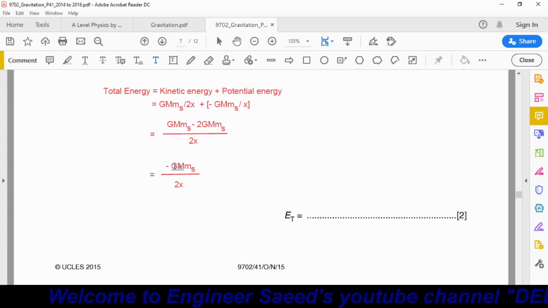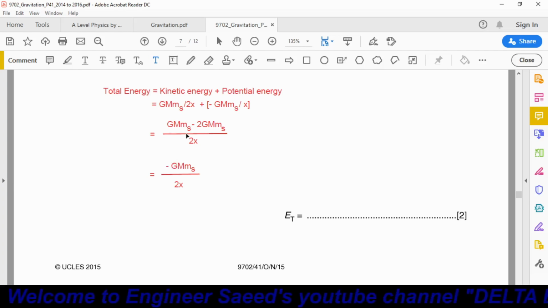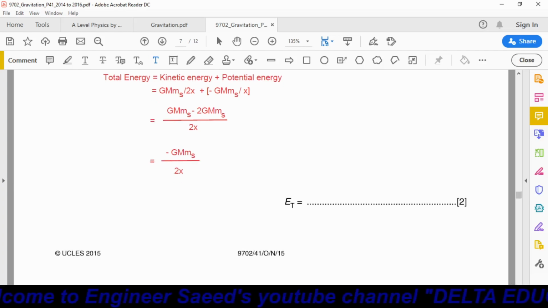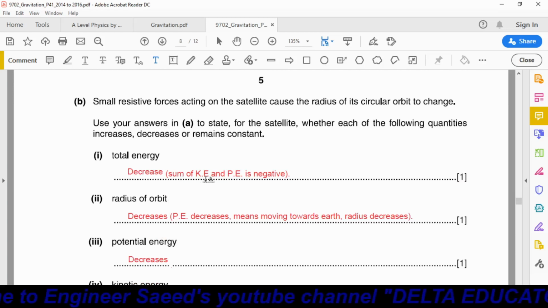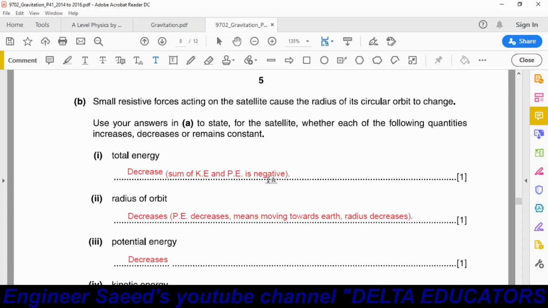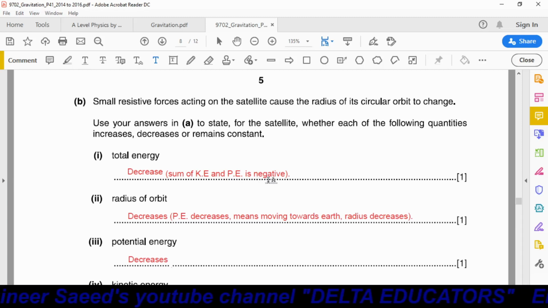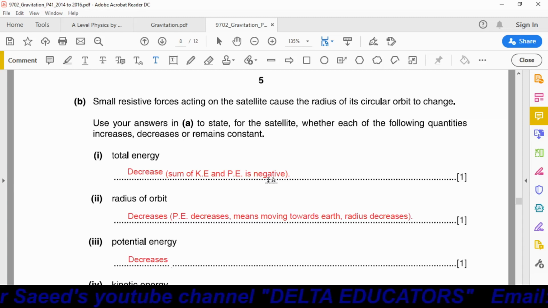Minus sign represents that the value is decreasing. So we can say total energy is decreasing because of this minus sign. So decrease, sum of kinetic and potential energy is negative. Why is it decreasing? Because the sum of kinetic and potential energy, or total energy, is negative.